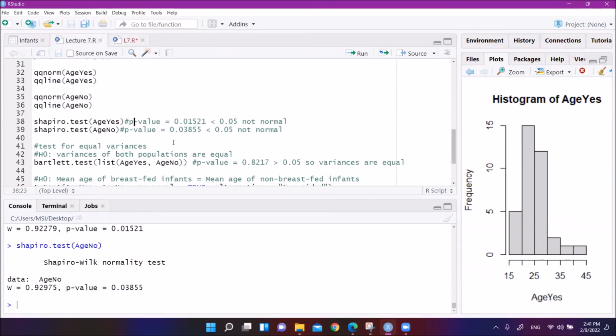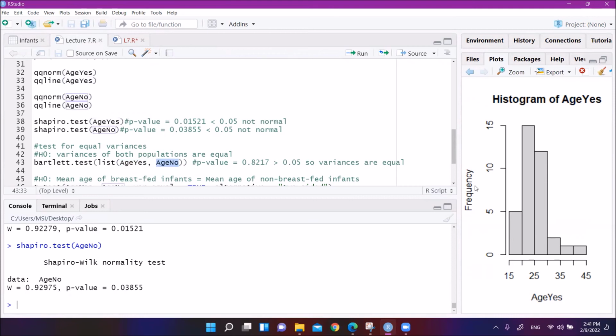Oh, wait. Before doing the 2 sample t-test, just because it is 2 sample, you have to check for equal variances, right? What is the test to check for equal variances? That is the Bartlett test. There you have to give these variables as a list. Okay, so you are going to check this one and this one, 2 independent samples, whether the population variance of this is equal to the population variance of this.